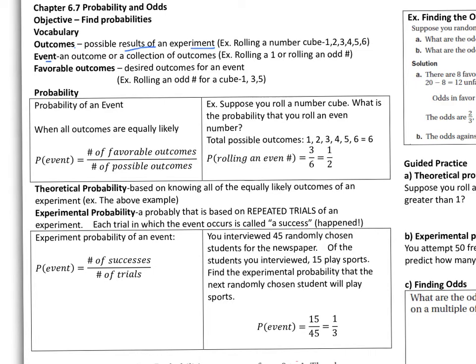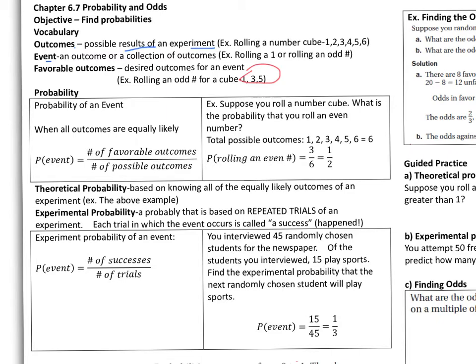Okay, and the third word, favorable outcomes, this means the desired outcomes for an event. Example, if I want to roll an odd number for a cube, 1, 3, 5 would be all my favorable outcomes.